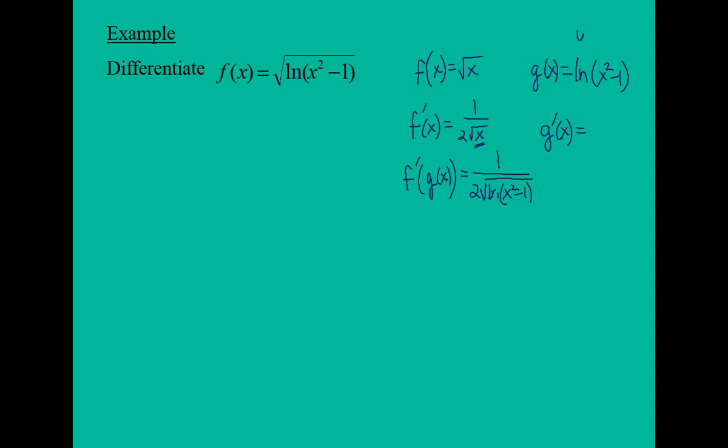So if I said u is the inside function, which would be x squared minus 1, the pen's not working up there, so let me do it down here. If u equals x squared minus 1, the derivative then would be 2x. So we could write g prime of x as u prime over u, 2x all over x squared minus 1.